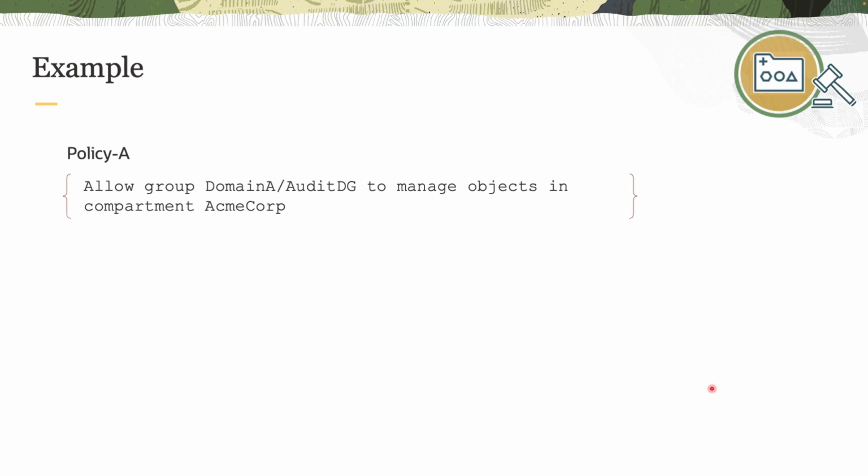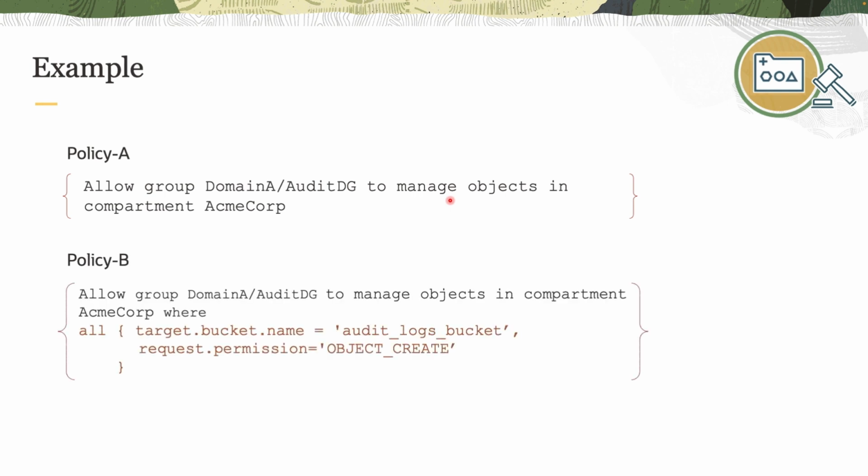Look at policy A. It allows audit group to manage objects in compartment ACME. Here the manage verb will give all the permissions, which means this policy is not enforcing any least privilege principle. So now you can rewrite this policy to limit the manage permission.